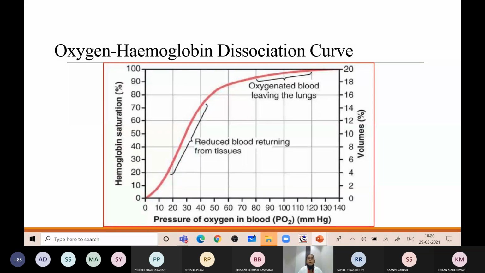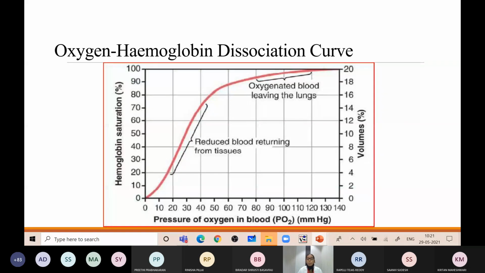So if we draw a plot, we will get a graph of sigmoid shape. It is not linear, isn't it? It is not totally linear, but we are getting a sigmoid type of curve. Why? What is the reason for the sigmoid shape of the oxyhemoglobin curve? As I told you, the affinity for oxygen goes on increasing when oxygen starts combining with the hemoglobin.